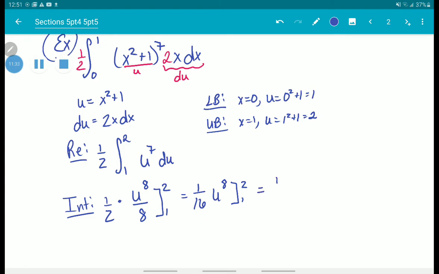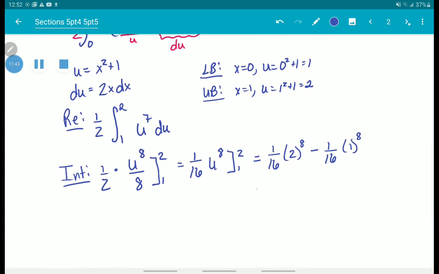So I've got 1 over 16 times 2 to the 8th minus 1 over 16 times 1 to the 8th. We need to know what 2 to the 8th is. That's 256. 1 to the 8th is 1. So I'm going to have 255 over 16.